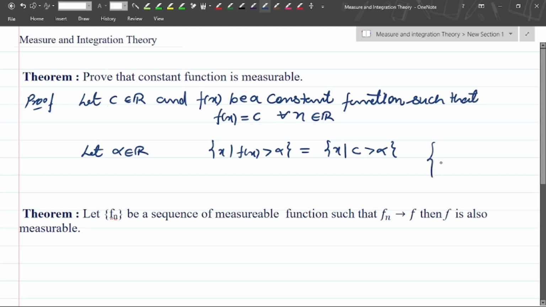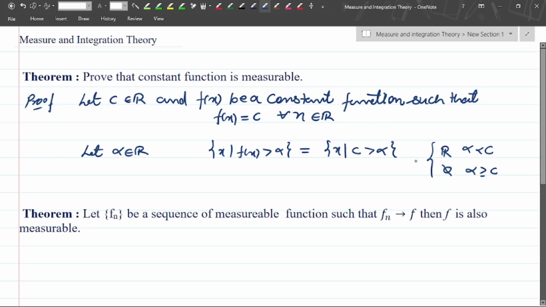Now, if c is greater than alpha, it means alpha is less than c, and the set will be the whole real numbers. But for alpha greater than or equal to c, no such x exists, so it will be the phi set, the null set. This is the definition: if the function satisfies this condition, then we say it is a measurable function.